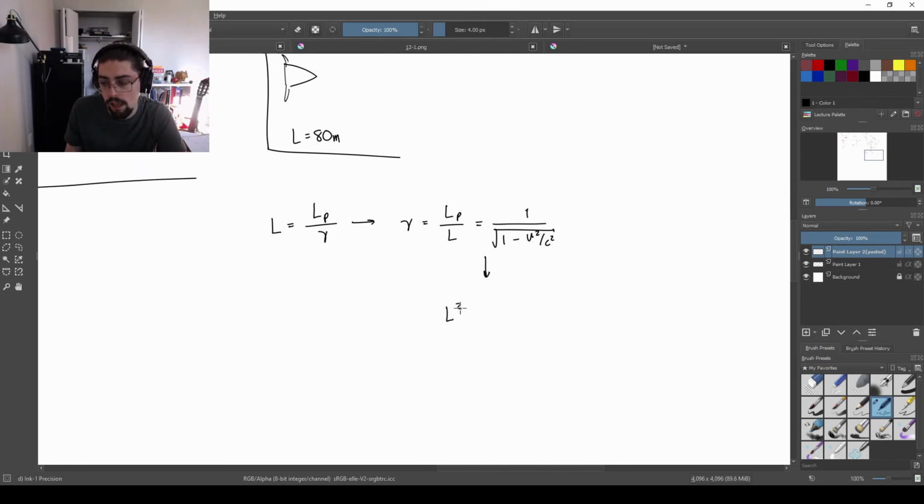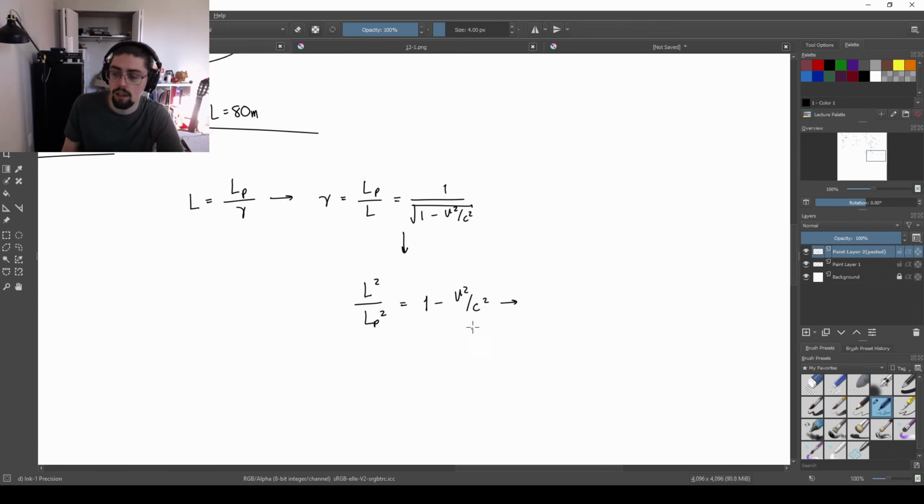This is going to become L squared over the proper length squared is equal to 1 minus V squared over C squared. I'm going to leave this as V over C, which will make this a little bit easier. So V over C is equal to the square root of 1 minus L squared over proper length squared.